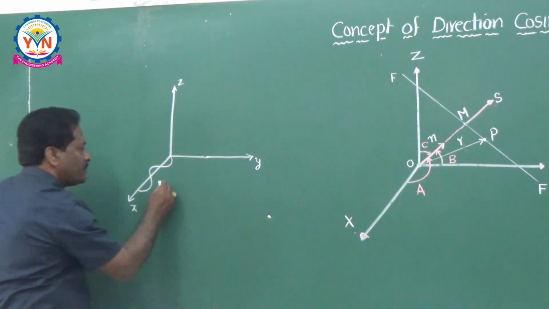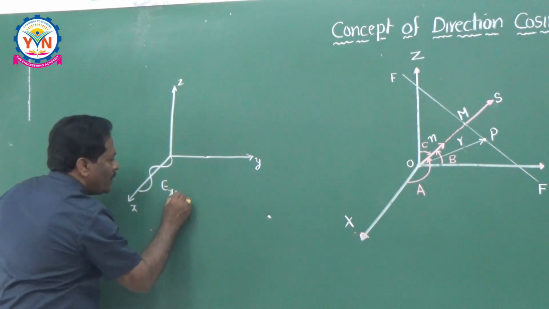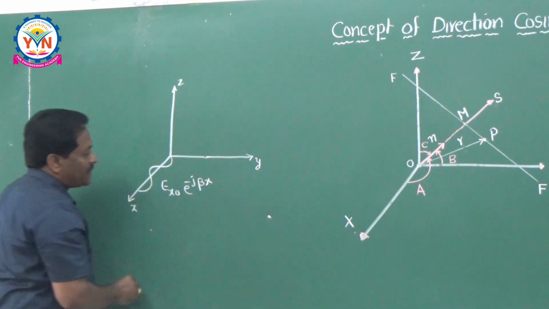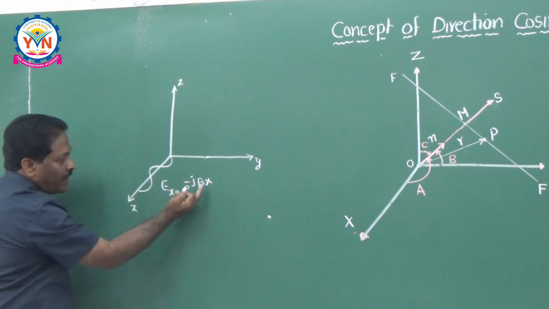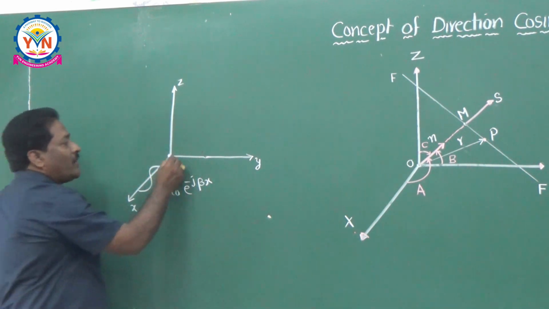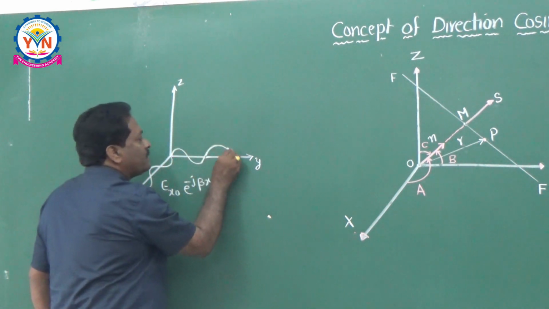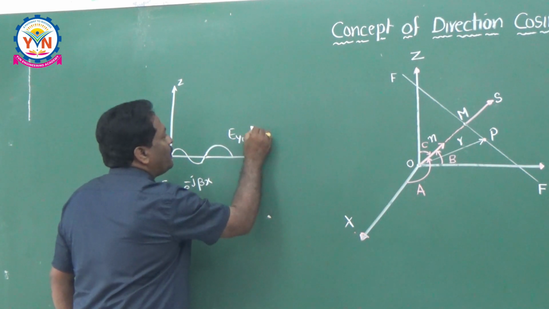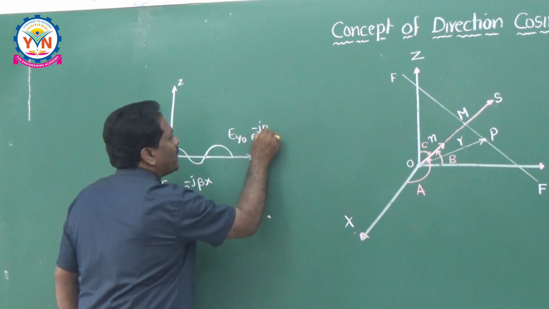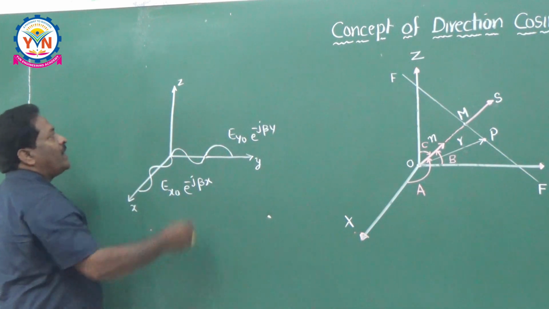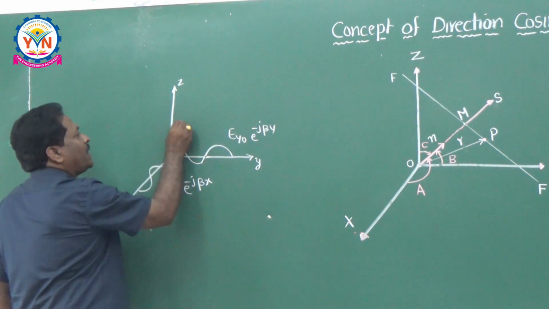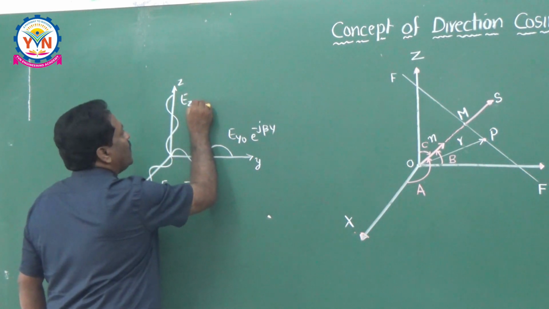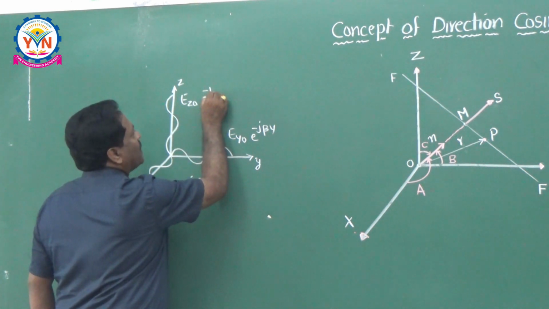That is nothing but Ex0 e^(-jβx), which means the wave is propagating in the x direction. If the wave is propagating in the y direction, you can write Ey0 e^(-jβy). Similarly, if the wave is propagating in the z direction, then Ez0 e^(-jβz).